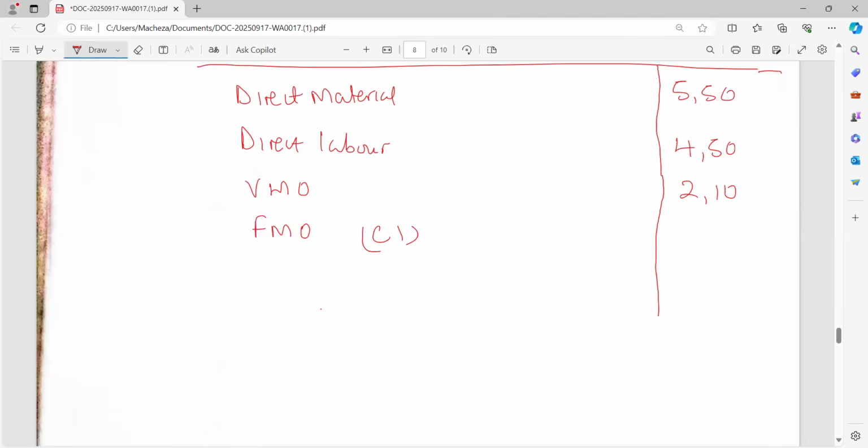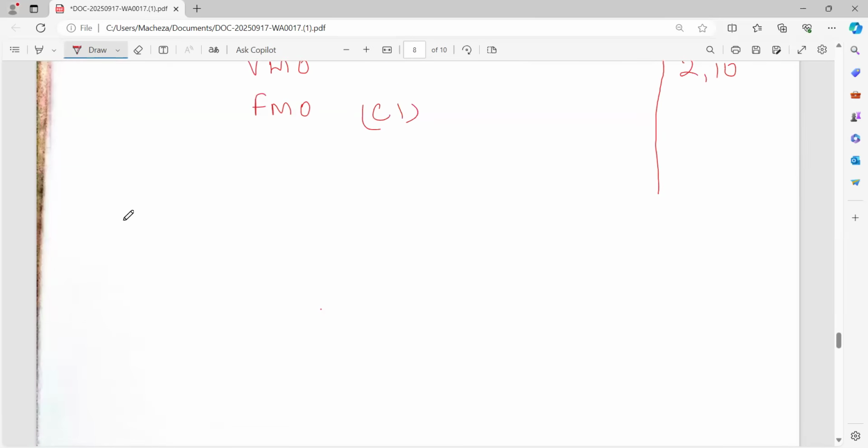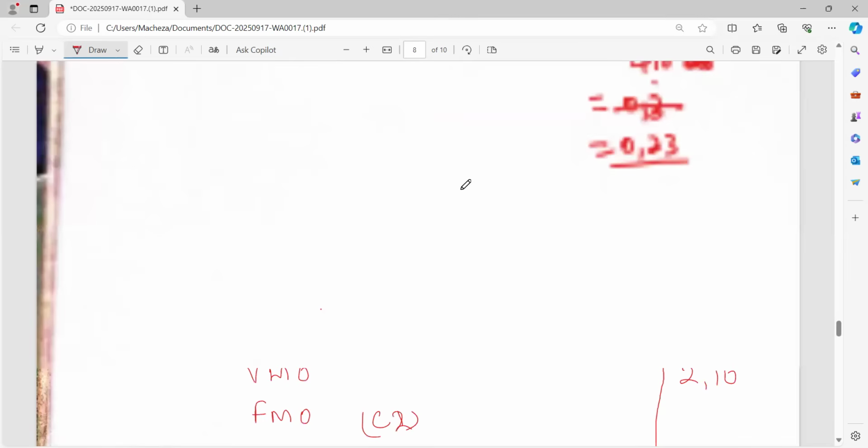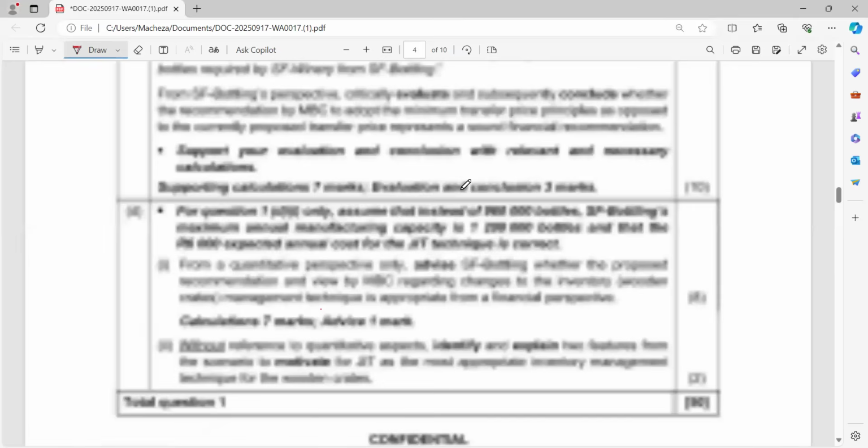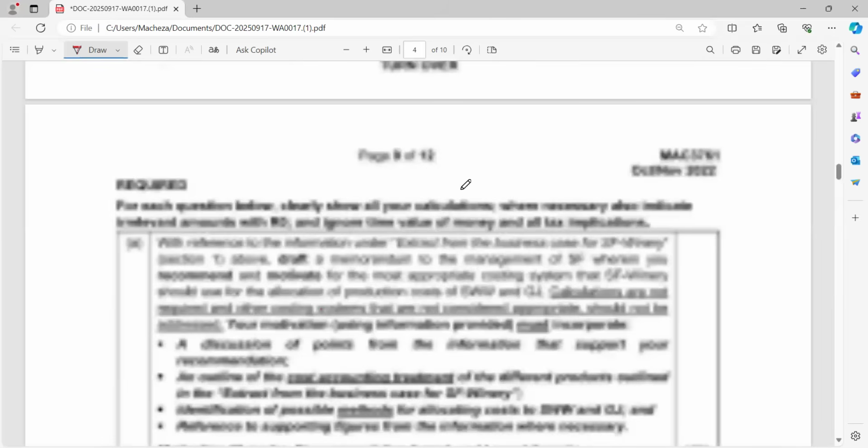We need to calculate the fixed manufacturing overhead, let's call it C2 fixed. Who are those fixed manufacturing overheads? Let's go to our question so that we can allocate them based on normal capacity. That's the allocation method that we have from the question.